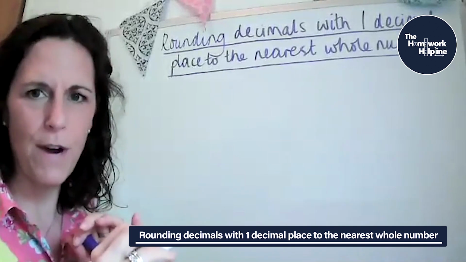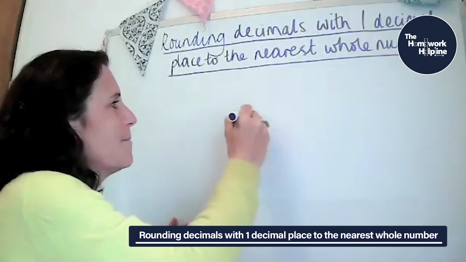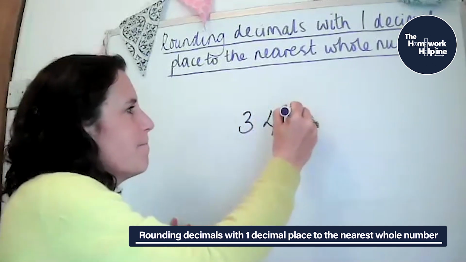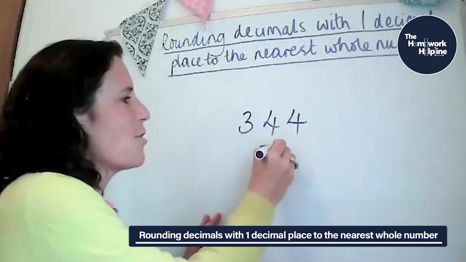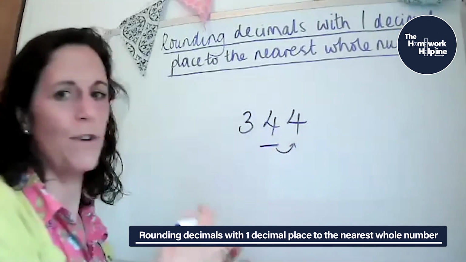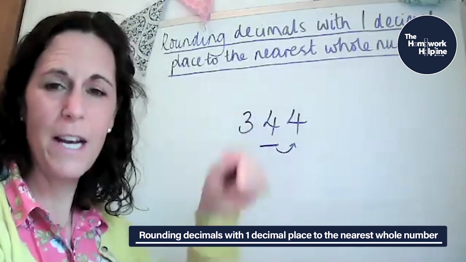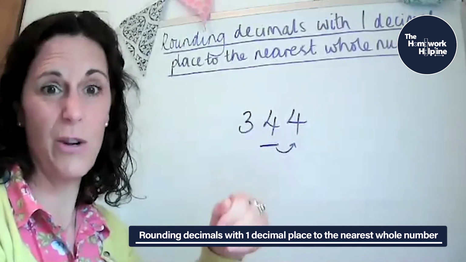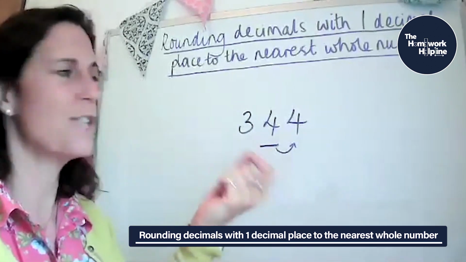Right, recap on rounding. If we're rounding to the nearest 10, we look at the tens column, we ask the number after it, what do we do? If the number after it is below 5, then that 10 stays low. If it's 5 or above, we go high 5 and it gets rounded up.